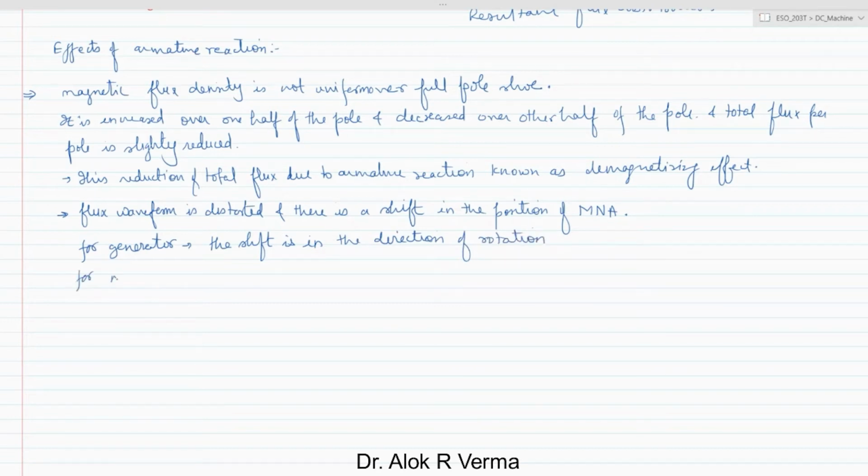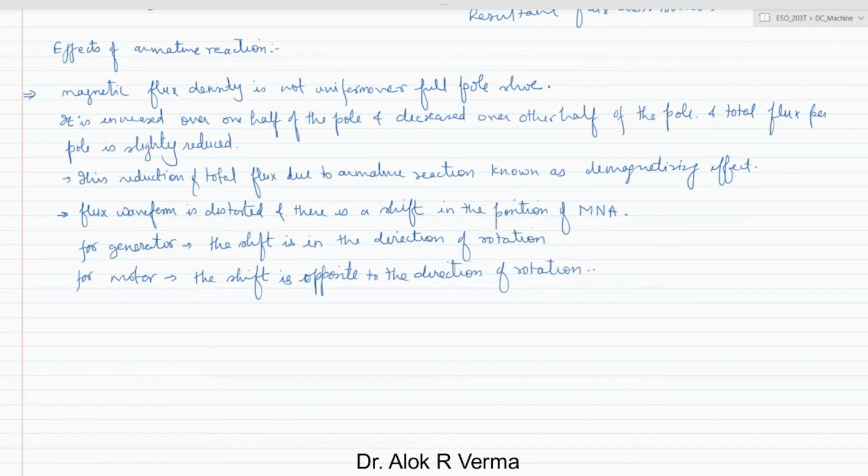And for the motor, the shift is opposite to the direction of rotation. So this is the effect of armature reaction.